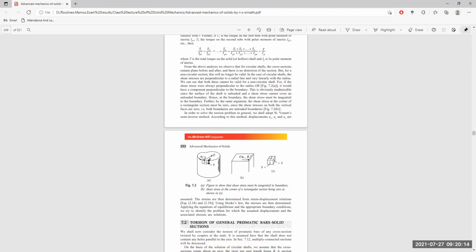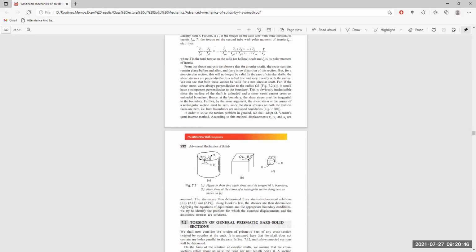Now, it should have a component perpendicular to the boundary itself, if it is perpendicular to the radius OB. And this is obviously inadmissible, since the surface of the shaft is unloaded and the shear stress cannot cross an unloaded boundary.